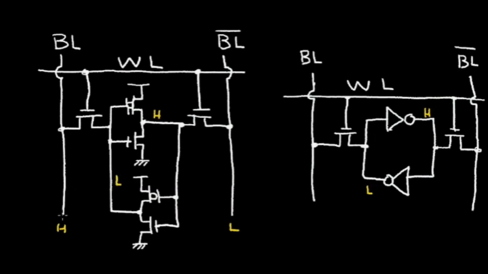So I'm going to drive this bit line with a very strong signal. And the bit line bar, I'll drive it low with a very strong signal. And then after doing that, I'm going to set the word line to a high voltage. And that will turn on the transistors that are connected to the bit lines.